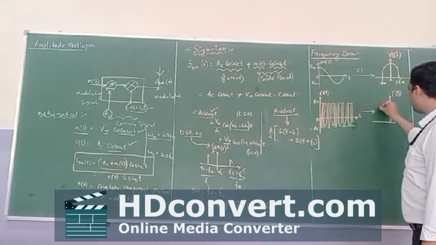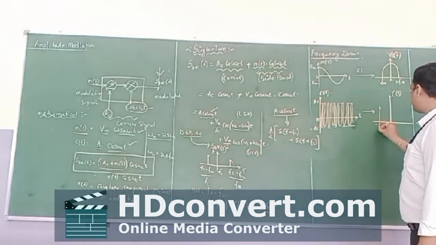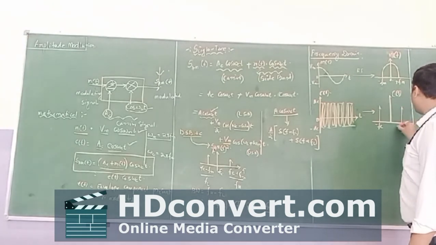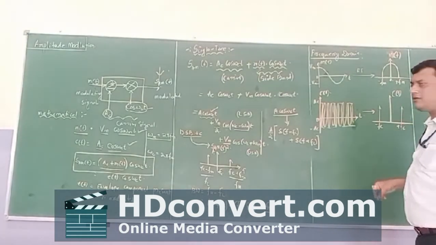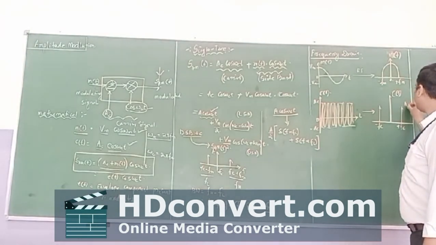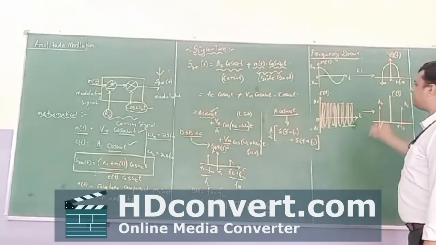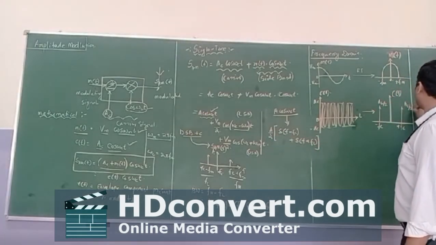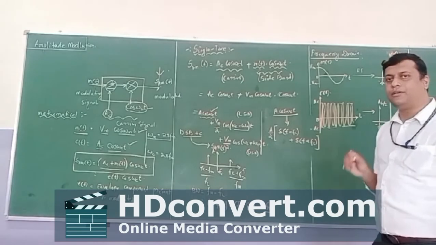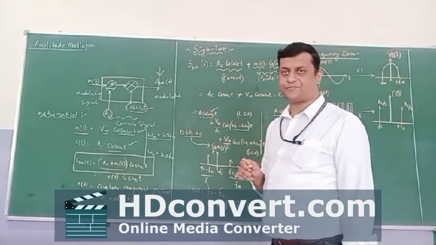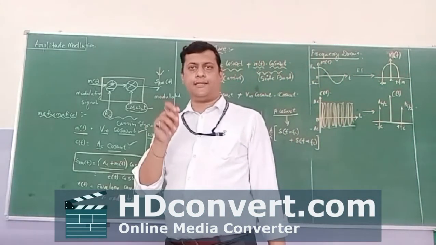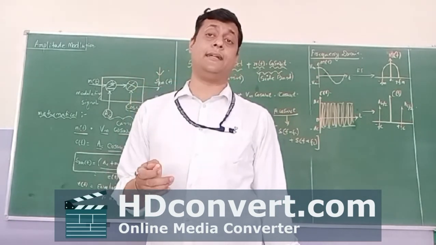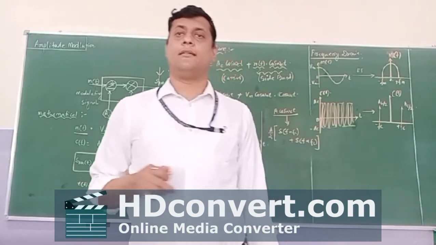So here I can represent minus fc and here plus fc, with an amplitude of Ac by 2. This is the amplitude of the frequency component present in the carrier, represented in the frequency spectrum.